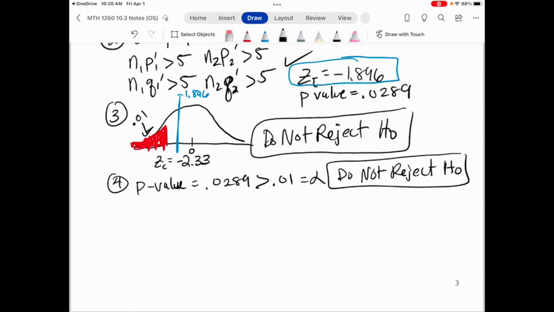So again, just by making that minor change, we see a different decision. And this is why researchers, when they're using hypothesis testing, really look at the level of significance and their sample size to decide how strict they want to be in their level of confidence.